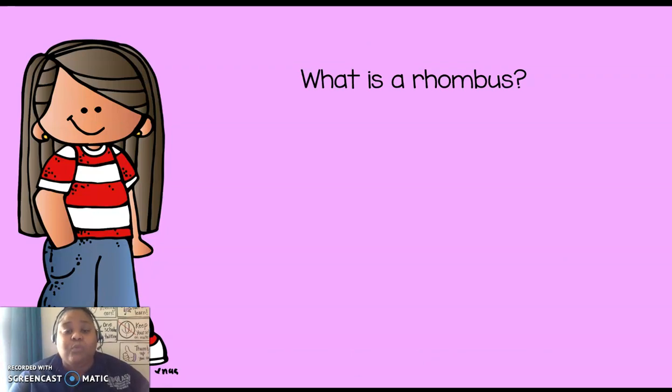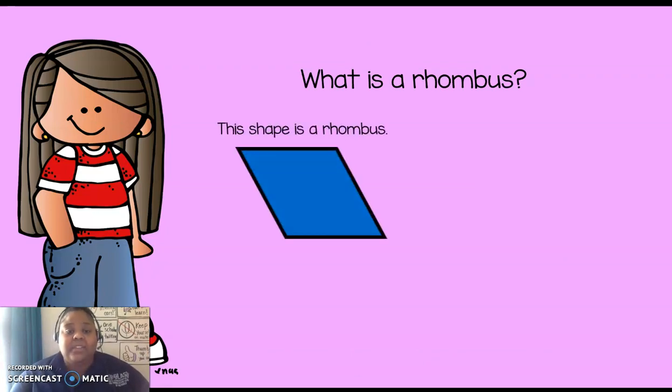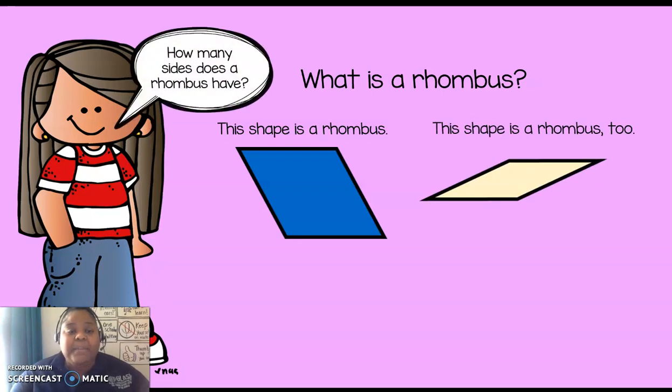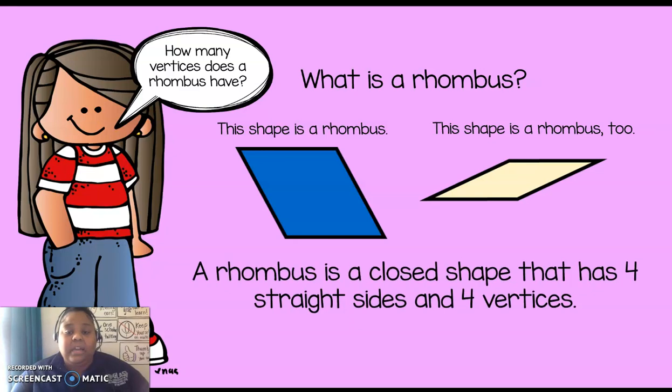What is a rhombus? This shape is a rhombus. This shape is a rhombus too. How many sides does a rhombus have? How many vertices does a rhombus have? A rhombus is a closed shape that has 4 straight sides and 4 vertices.